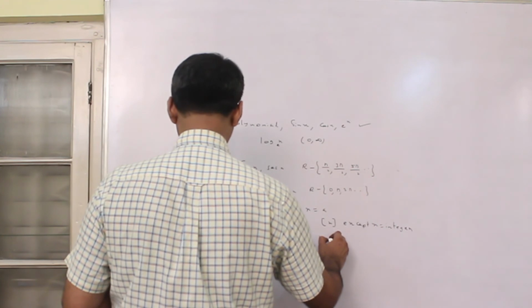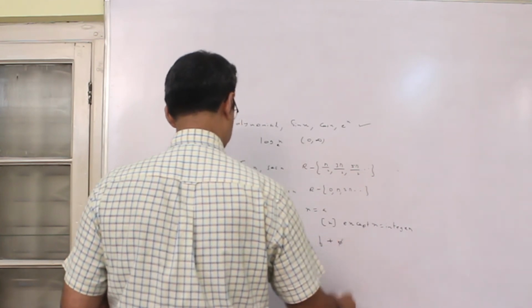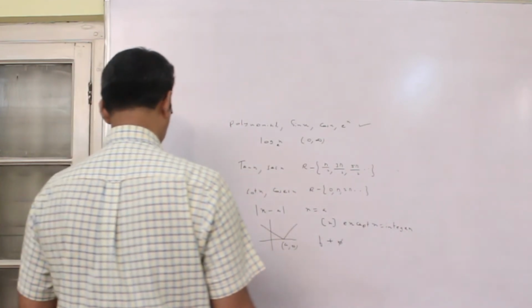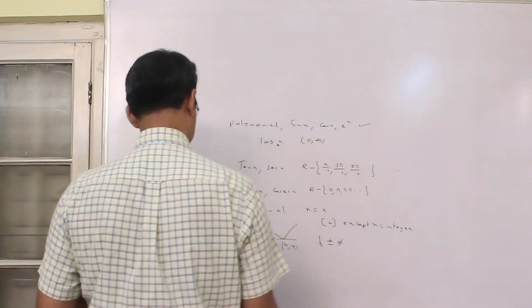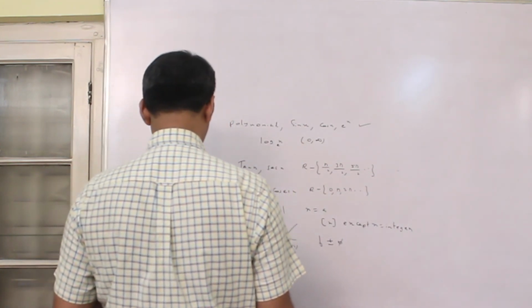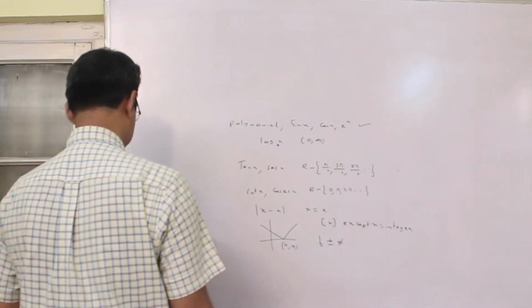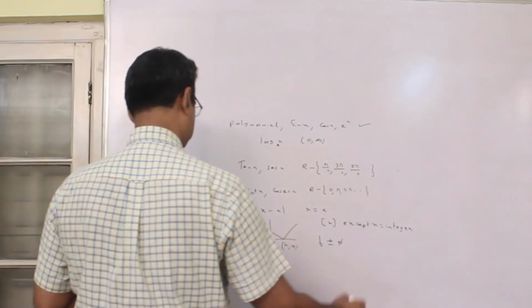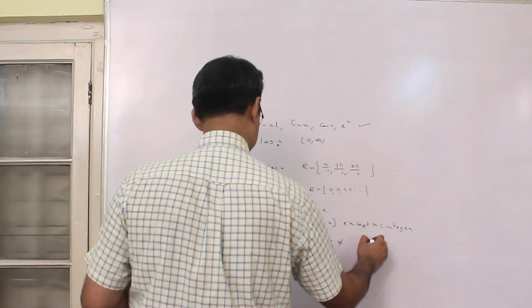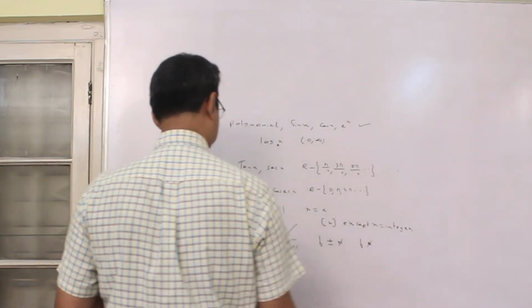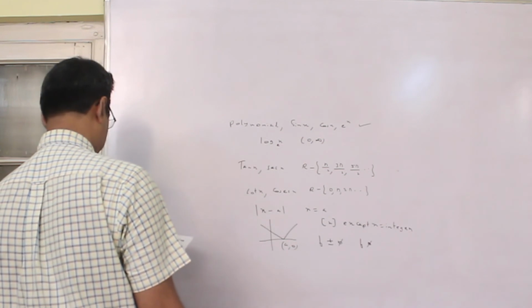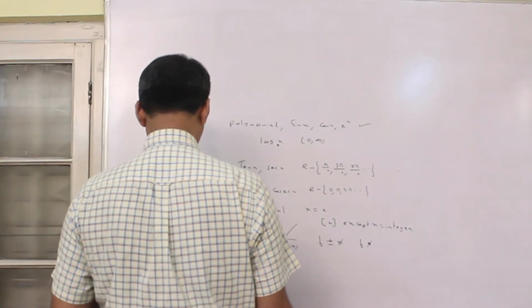If you have two continuous and differentiable functions f and phi, then a linear combination of f and phi will also be continuous and differentiable, and similarly product of f into phi will also be continuous and differentiable.